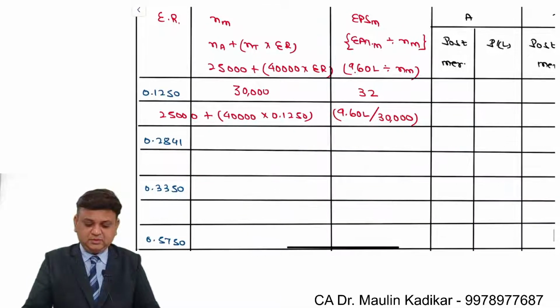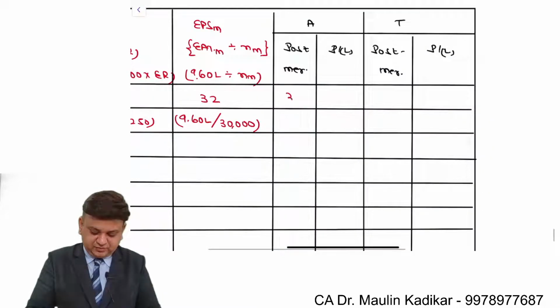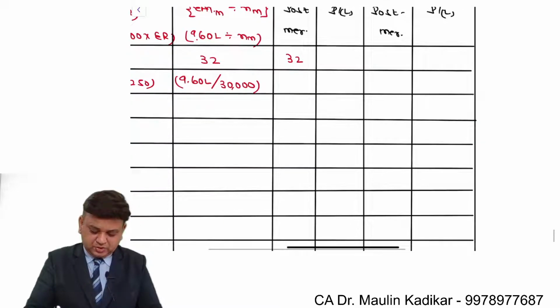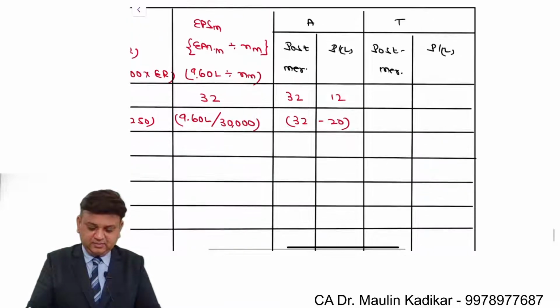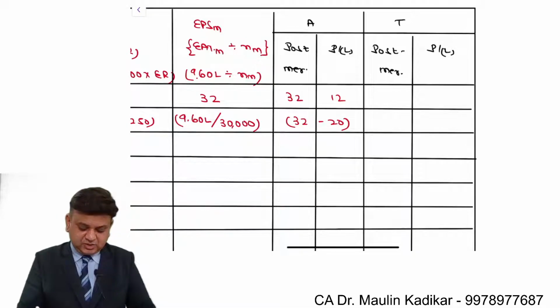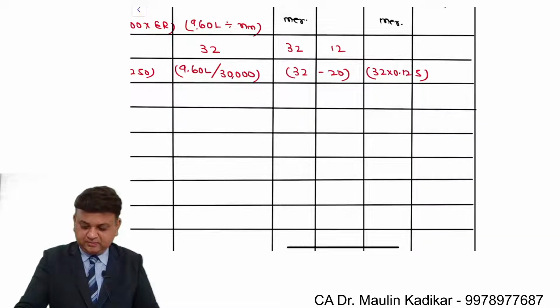Post merger, what is the EPS attributable to A? It is 32 itself. Pre-merger it was 20. So it rises to 32 from 20. So it increases by 12. And for the target company, the exchange ratio is 0.125. So 32 into 0.125, that is EPS attributable to it.